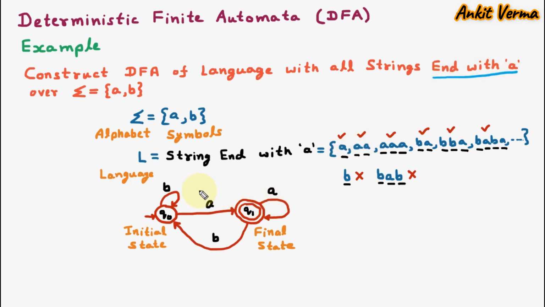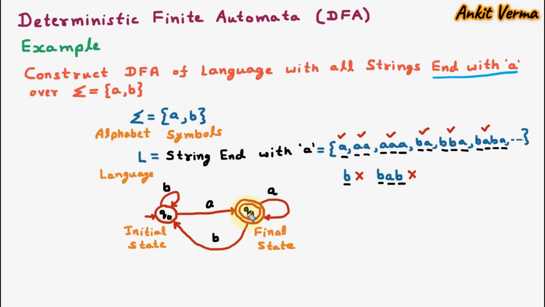Now check, is this DFA complete? The DFA is complete when all the states address all the input symbols. So for Q naught, if A comes, we go to Q1. If B comes, we come back to Q naught. So this is a complete state.